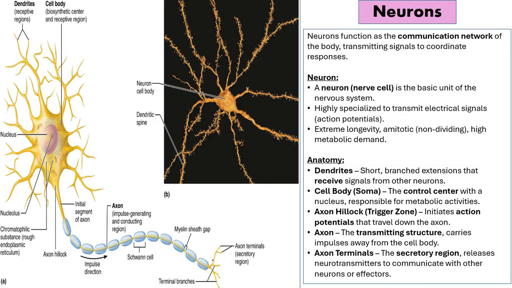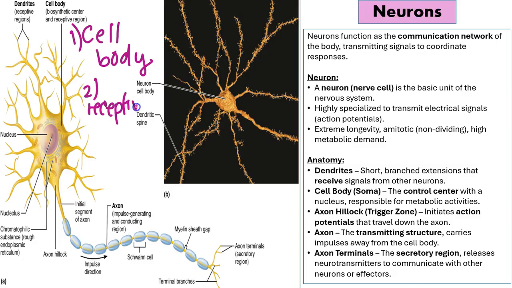And when you're looking at any neuron, because multipolar are not the only type, we'll talk about that next. When you're looking at any neuron, they all have three important parts. They're going to have a cell body, number one. They're also going to have a receptive portion. That means they have the ability to receive messages. And finally, they're going to have a transmitting portion.